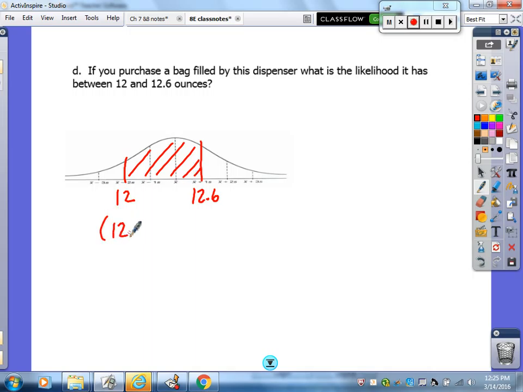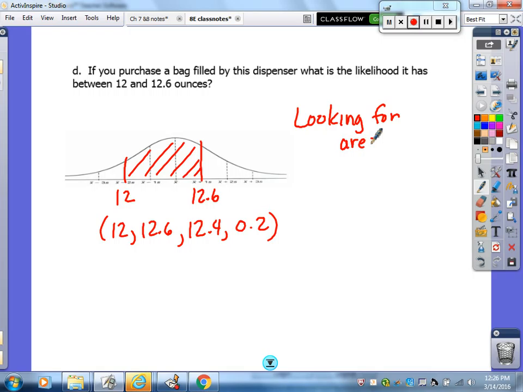So your lower bound is 12, your upper bound is 12.6, your mean, and your standard deviation. And we always use normal CDF. If you're looking for the area under the curve, we want to use normal CDF. And we always use CDF, never PDF, so it's always the number 2 one.